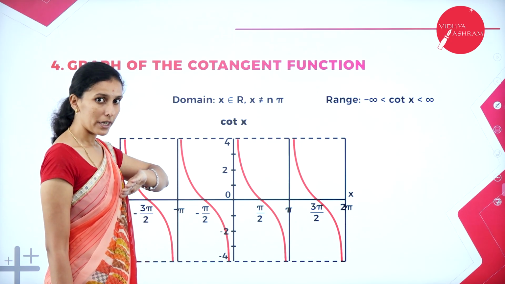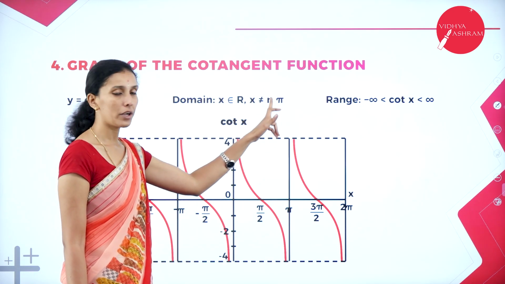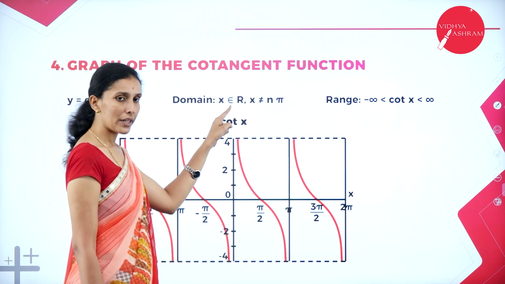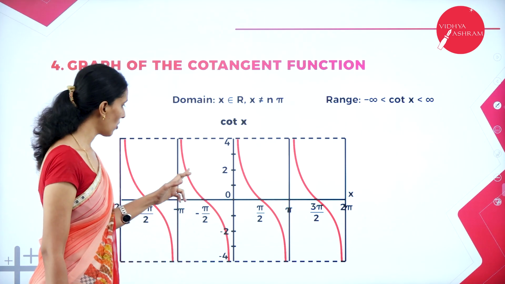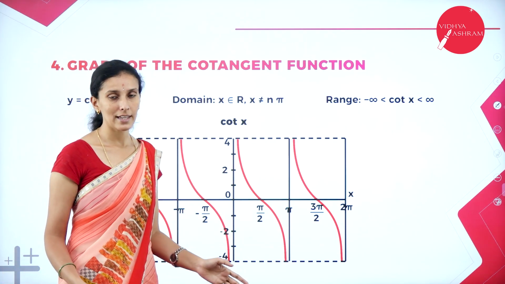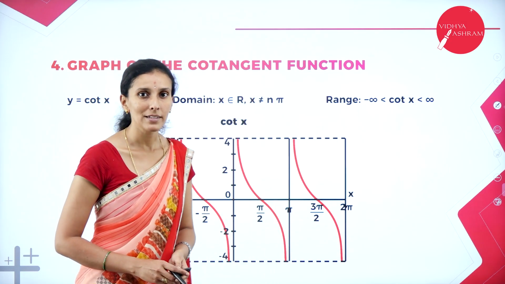Sine is in the denominator. Sine of n pi is 0. So therefore, for x not equal to n pi, the cot function is defined for all real angles, and again minus infinity to plus infinity is the range, because it goes on increasing here and decreasing here. There is no exact bound. Therefore, the range of the cot function is from minus infinity to plus infinity.